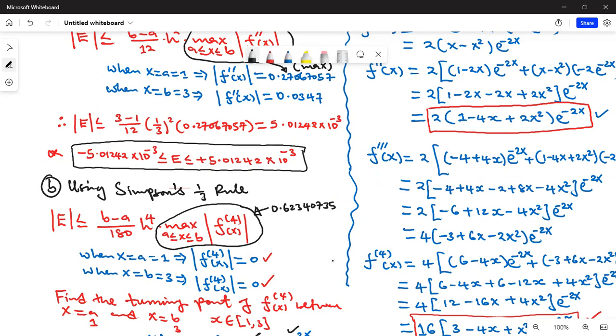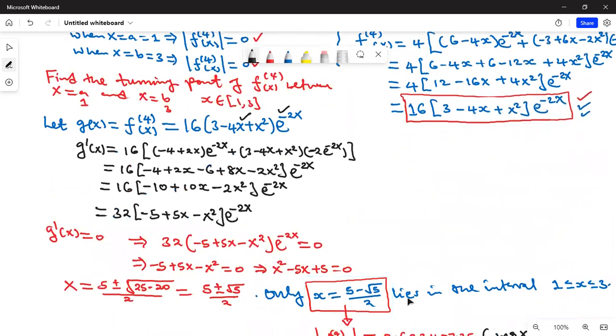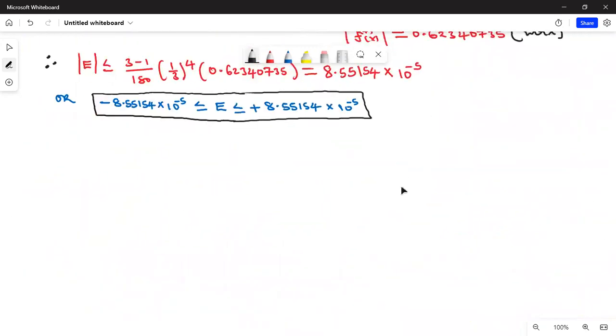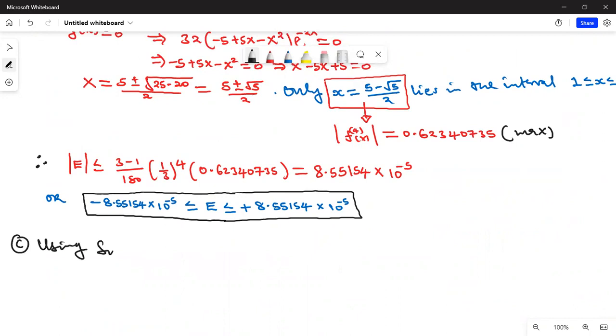And finally, let's see how to find the error bound when we use Simpson's 3/8 rule. So you can write part C, using Simpson's 3/8 rule. How do you find the error in this case?